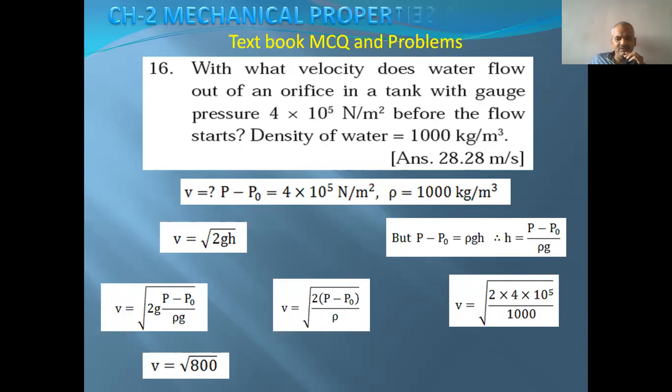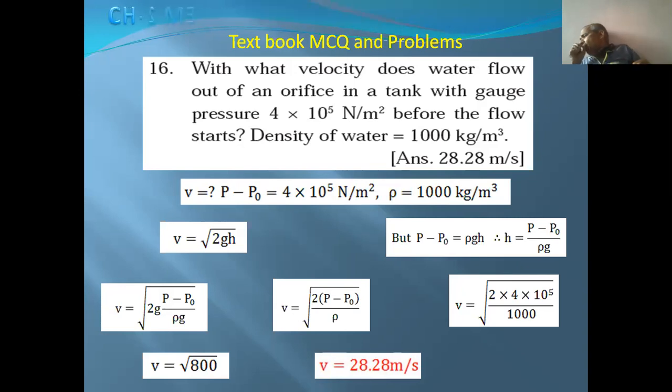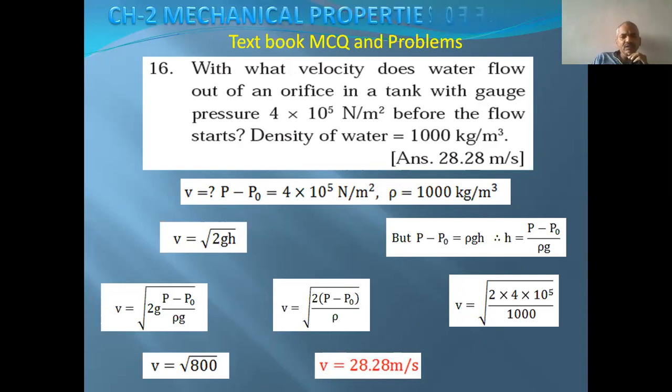The calculation is quite simple. You can do it orally, and this square root you can easily determine from the square root table. It is 28.28 meter per second. Okay, this gives the answer for the velocity of the efflux which is flowing through the orifice.